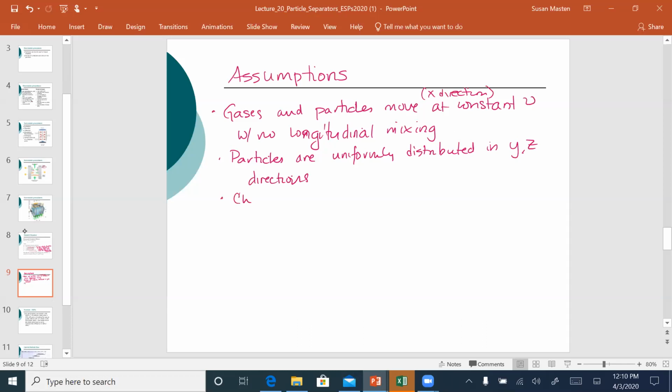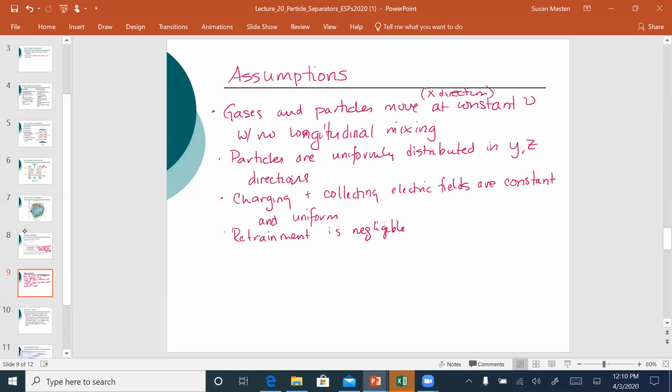That the charging and collecting fields, these are the electric fields, are constant and uniform. So at any location, they are the same and they don't change with time. And that reentrainment is negligible.